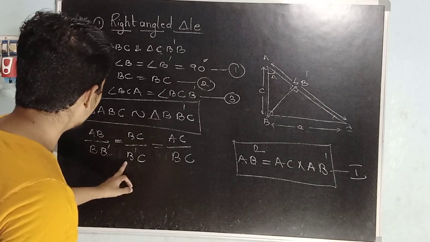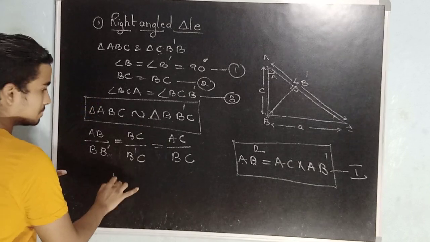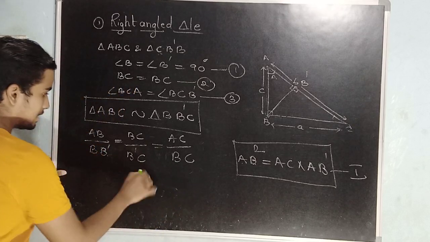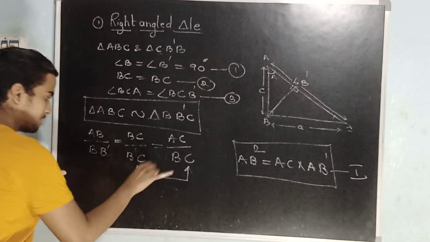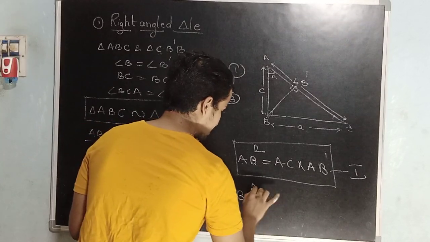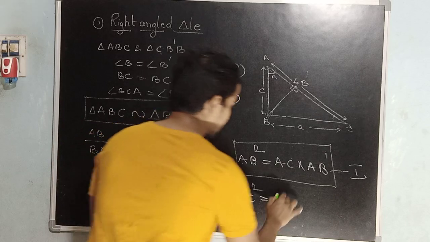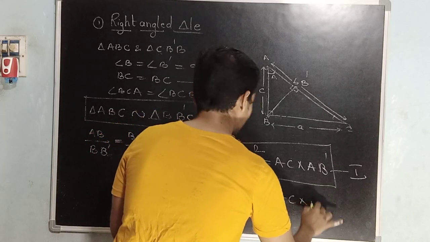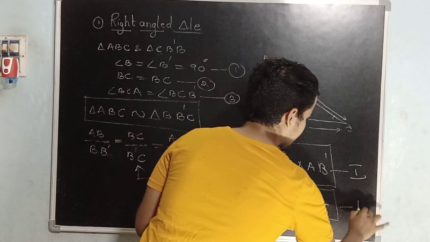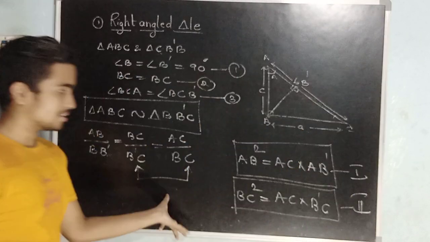So here what can we write? Considering these two equalities, I can write BC square is equal to AC into B dash C. This is our second result.